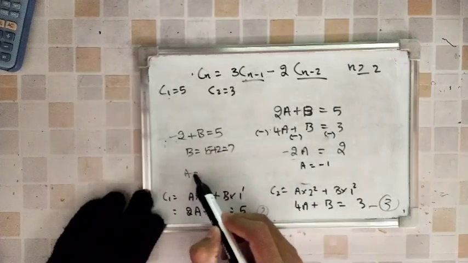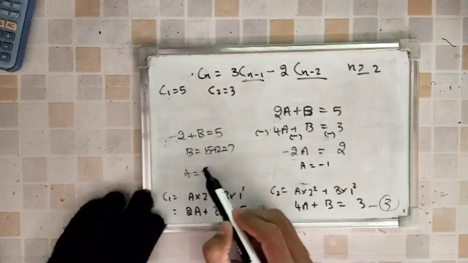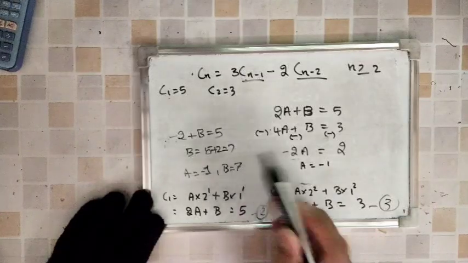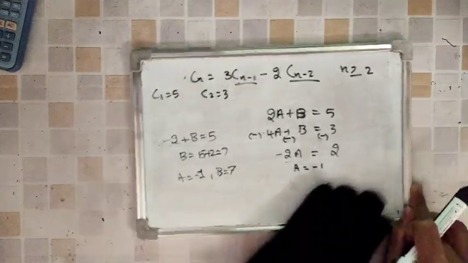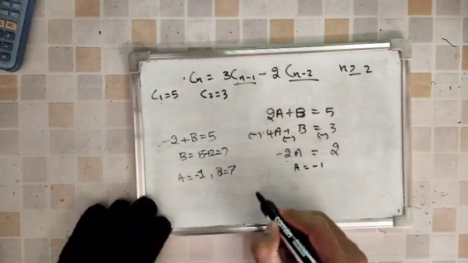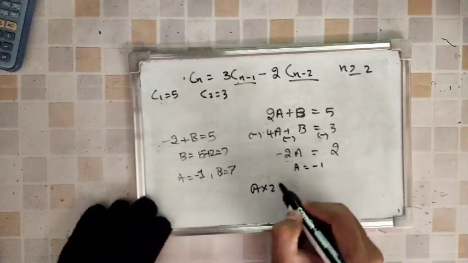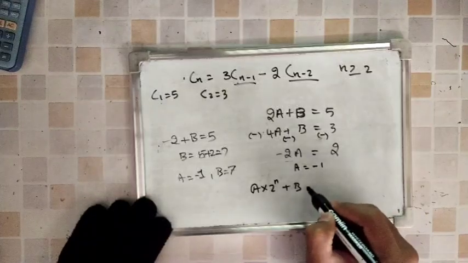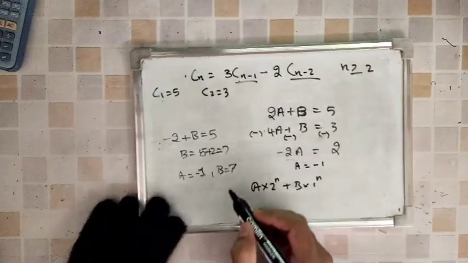So A equals minus 1, B equals plus 7. Now I have to substitute these values in that first equation. What was that first equation? A into 2 power n plus B into 1 power n.